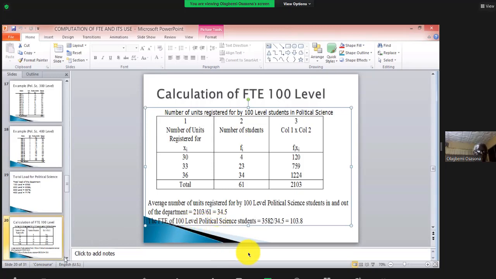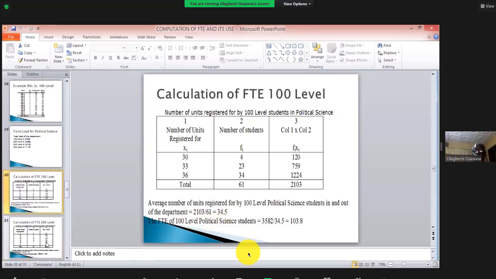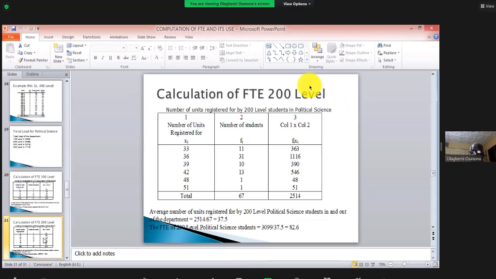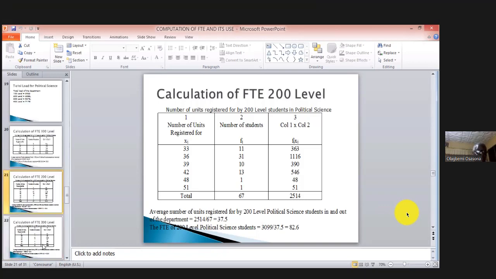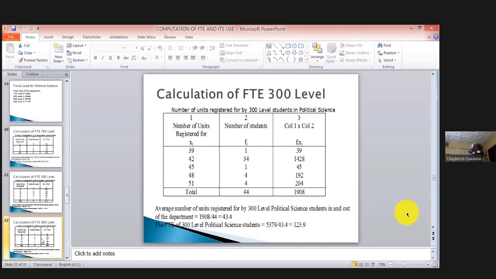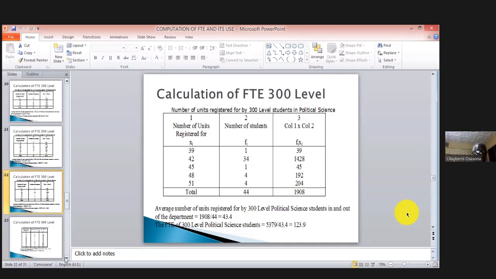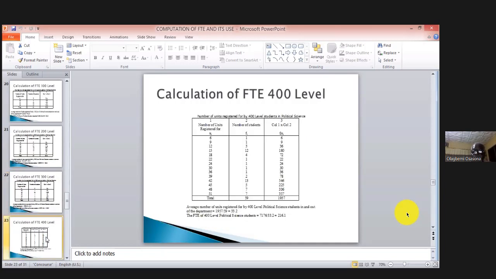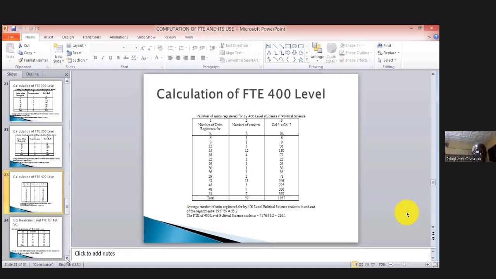Then you can do that also for 200 level. You follow the same process and do this calculation for 200 level. Do it for 300 level, the same procedure. And then go on to 400 level, the same procedure, do the calculation.